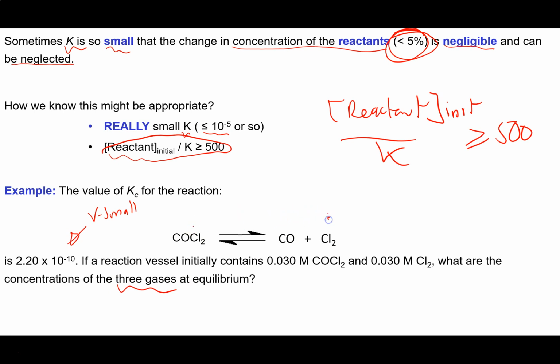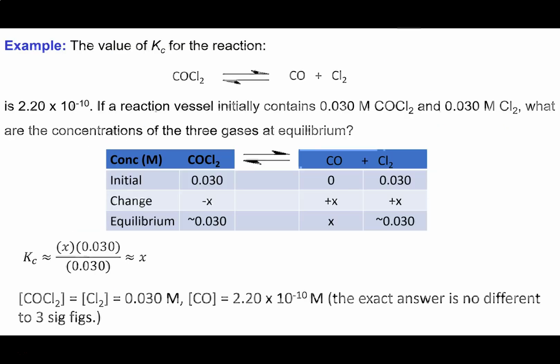So we want the concentration of everything. To begin with, we have a little bit of Cl2 and a little bit of COCl2, but no CO. So our ICE table looks like this: 0.03 moles per liter of this one, none of this one, and 0.03 moles per liter this way.